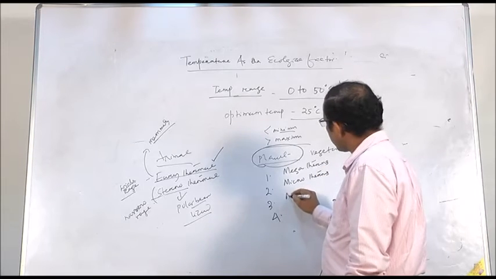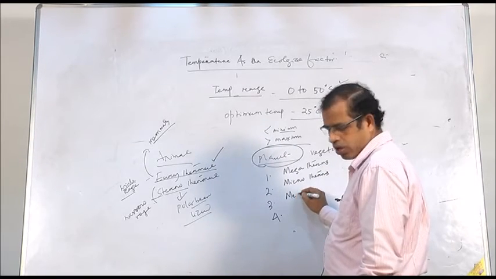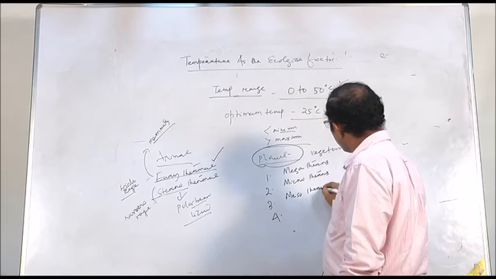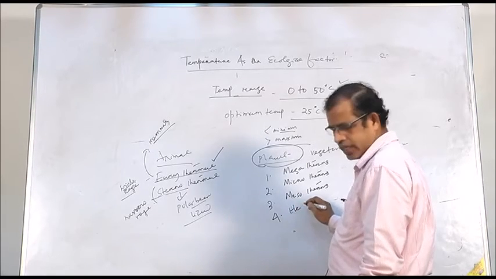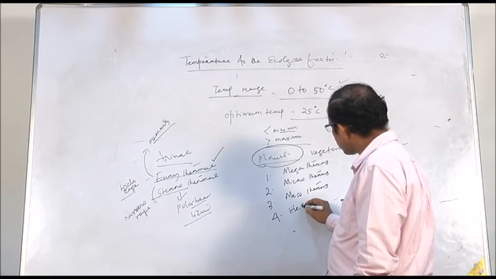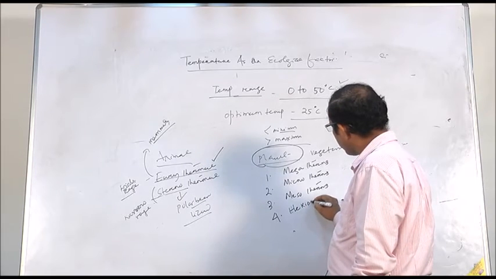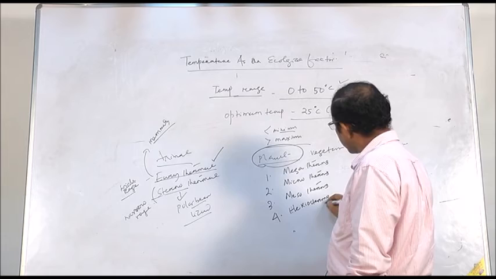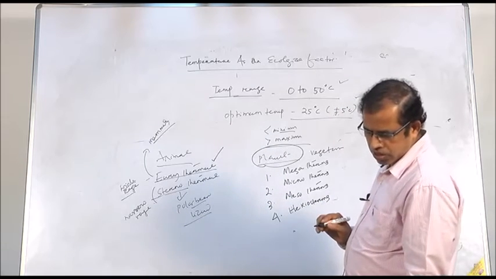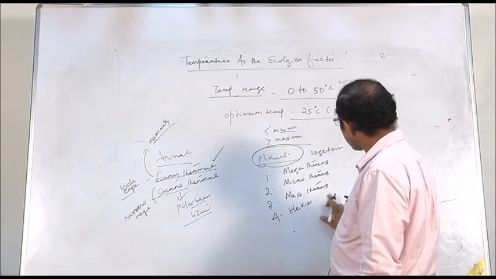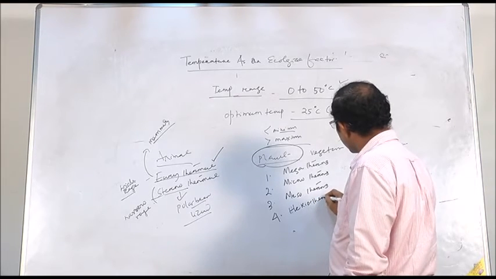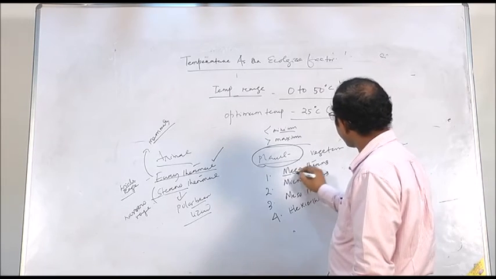Third one is called mesotherms. Fourth one is hekistotherms.